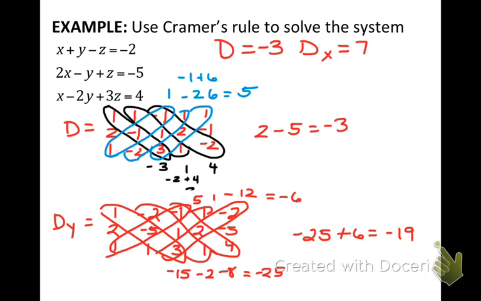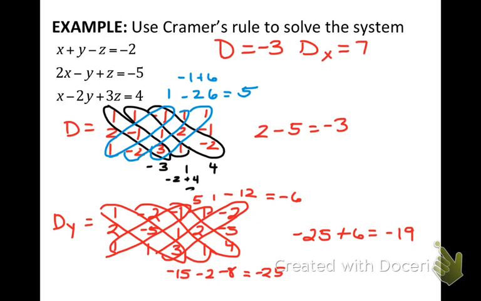And then if we go this route, oh, I missed that 4. That's 4, and then negative 12. So 9 and a negative 12 makes negative 3, so negative 25 minus negative 3, so negative 22.